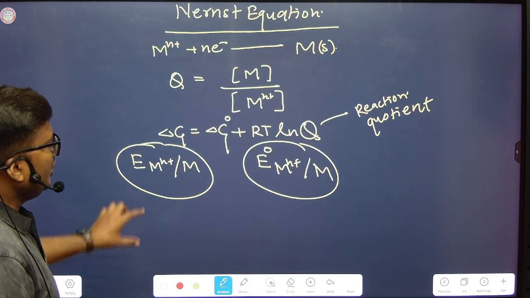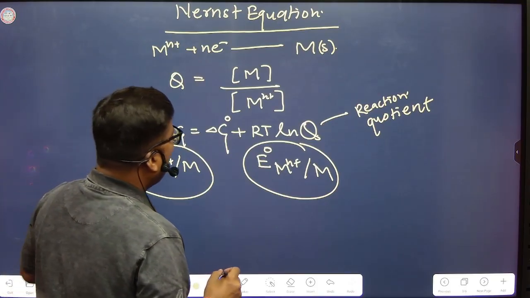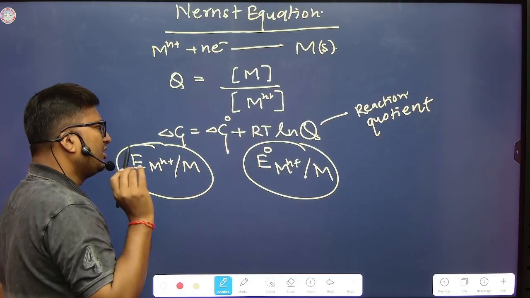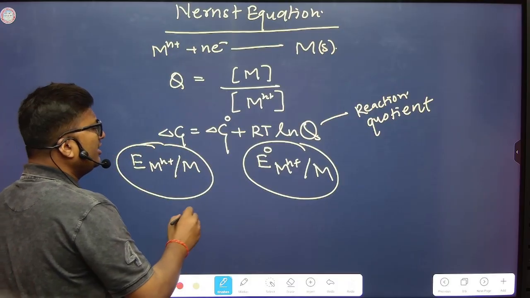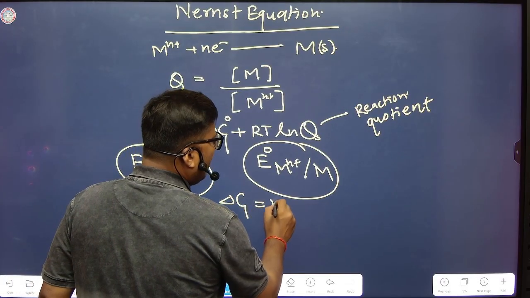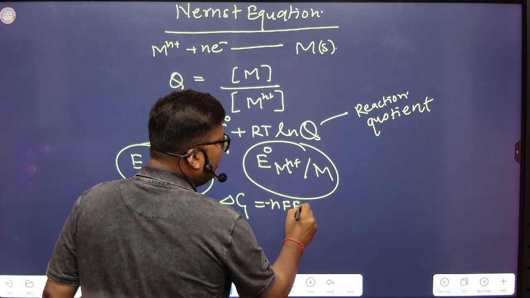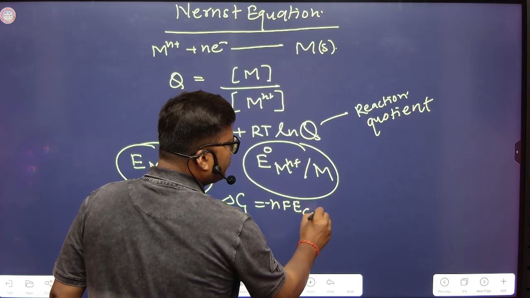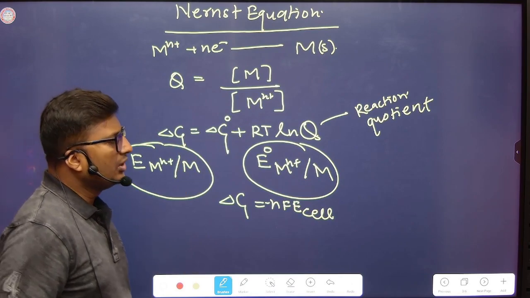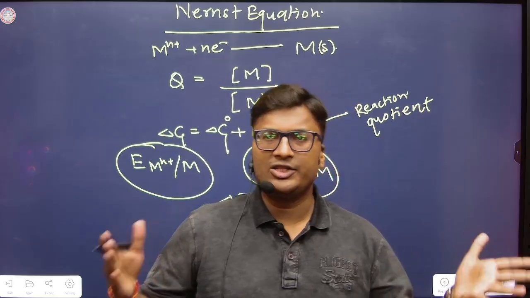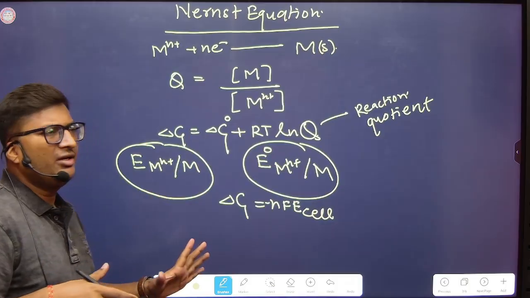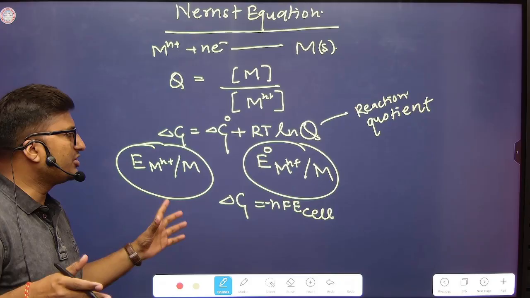Now this delta G is related to the temperature and reaction quotient, right? As you know, in electrochemistry, delta G is equal to minus n F E cell, right? A cell is when both anode and cathode are present in an electrolyte medium, so there is a setup or construction of the cell.